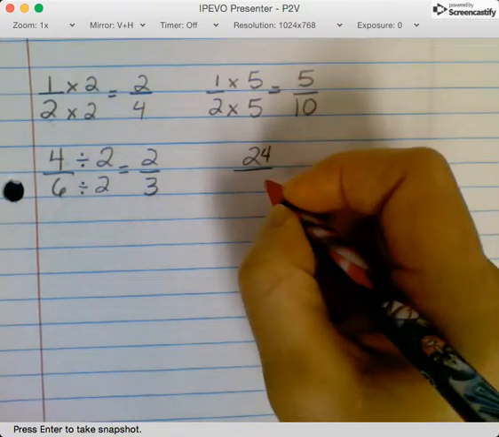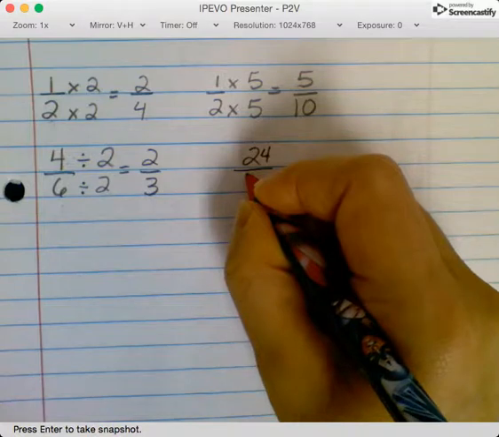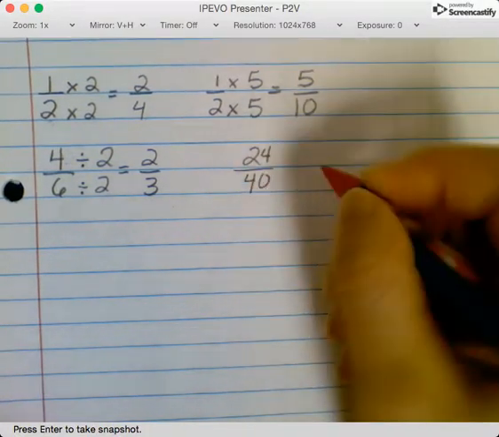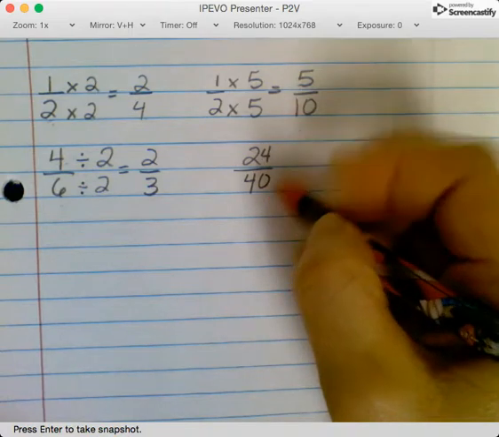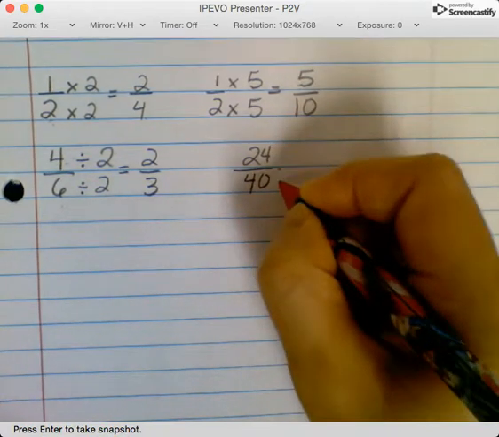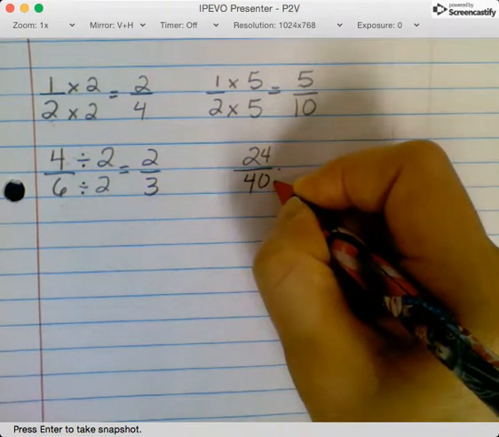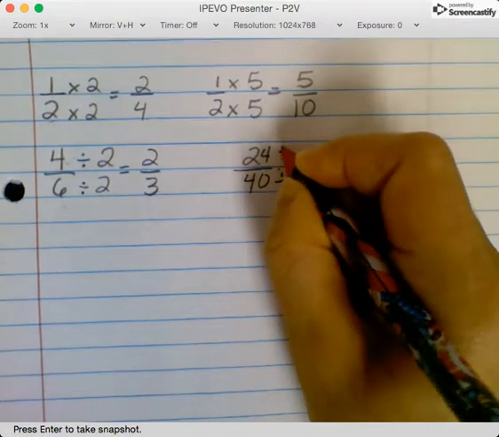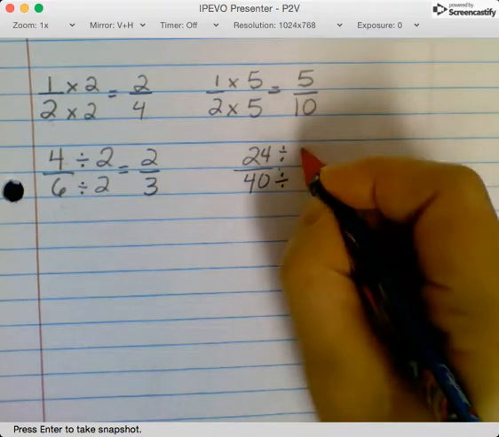24. Let's do 40. So 24/40, and 24 and 40 can both be divided by 2. They can both be divided by 4. They can also both be divided by 8. And I'm going to divide both of them by 8.